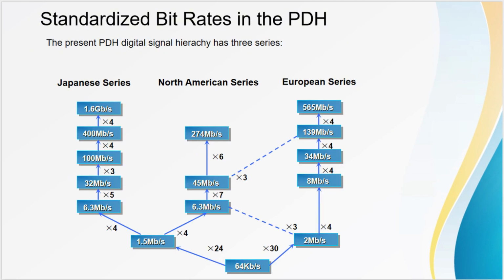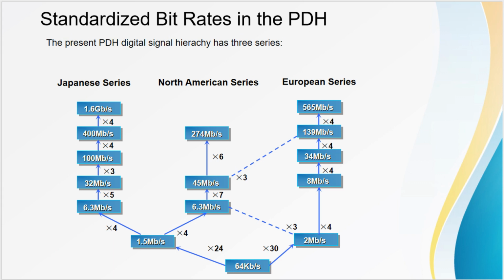Okay, now we continue with the standardized bitrates in PDH. As we can see in the slide, PDH has three different standards across the globe. The most commonly used is E1, which refers to the European standard, and the other two are the Japanese and North American standards, referred to as J1 and T1 respectively.